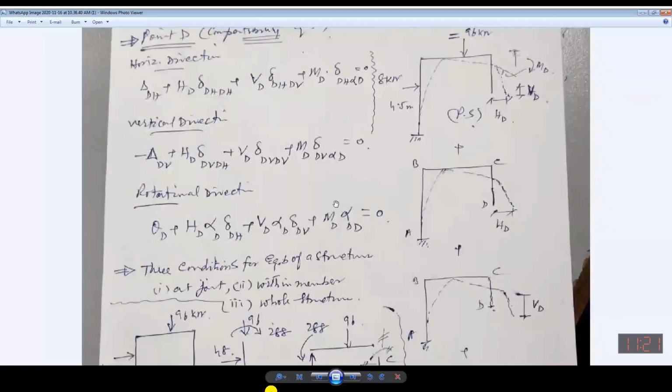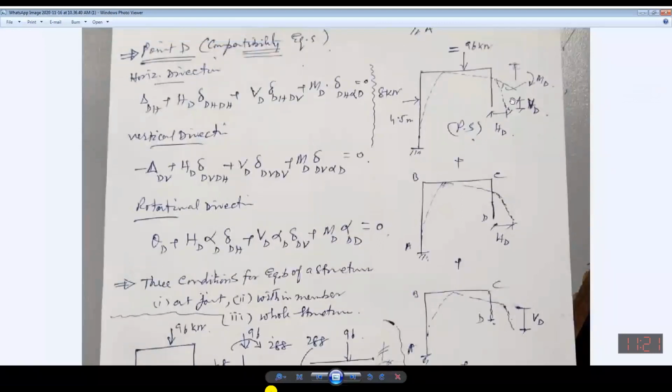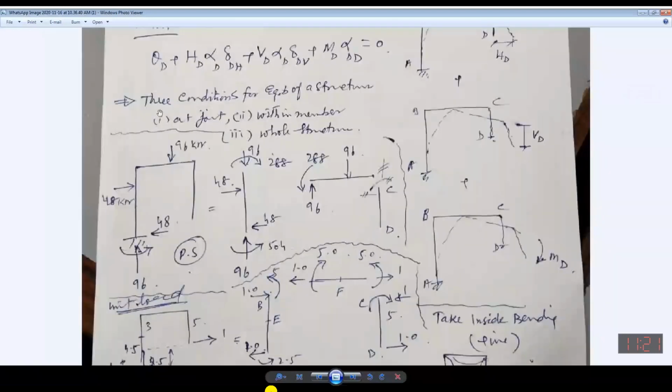Now it should also be noted, when you are solving any frame structure, and you might be knowing it, that when you analyze a structure, it is a basic requirement that three conditions are necessary to be fulfilled for the analysis of the structure. At every joint, equilibrium should be maintained.